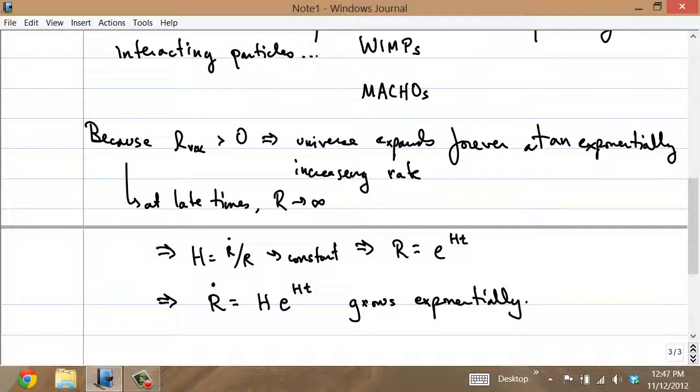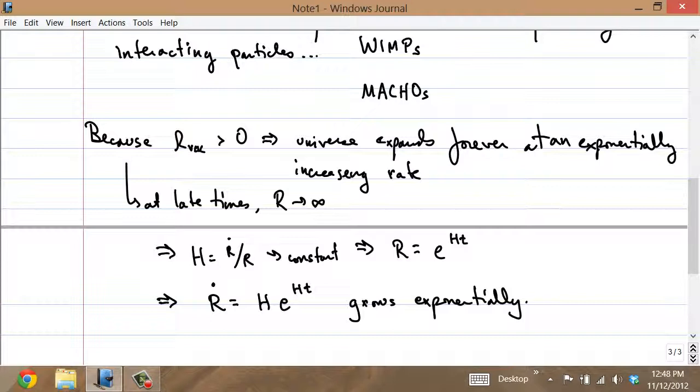Now, at this point, people are sometimes confused by statements like this because we have learned in special relativity that nothing can travel faster than the speed of light. But R dot is a velocity. In particular, according to the Hubble relation, it is the velocity with which some distant galaxy is receding away from us. And you can see that if it grows exponentially in time, then in not too long, it's going to be going faster than the speed of light.